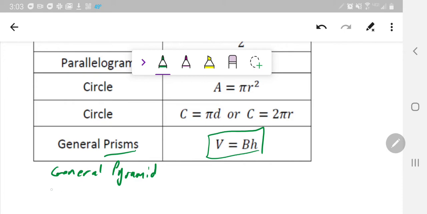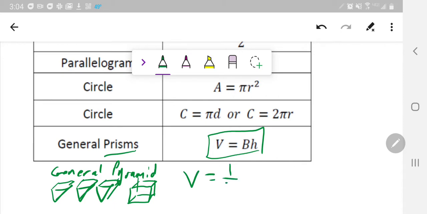And we saw that if you took 3 pyramids, they would fill up a prism that was the same height with the same base. So it took 3 to fill up 1. So that meant that we have a volume that's 1/3 the base times the height. All right, so that's the relationship.